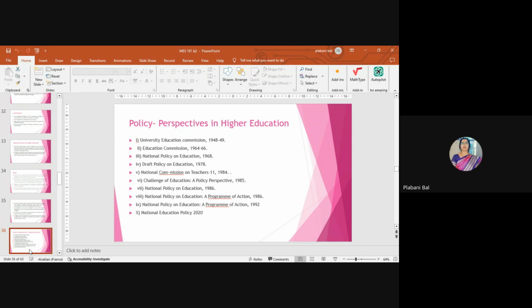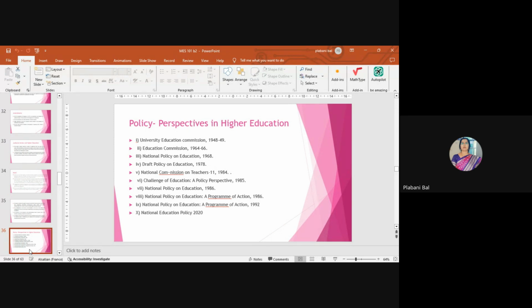Some states established it, like your Andhra Pradesh, and they used the SCHE for planning purposes, for rationalizing funding, and to assist the UGC. This was the purpose of establishing the State Council of Higher Education. But later it did not sustain, and the concept does not persist now.